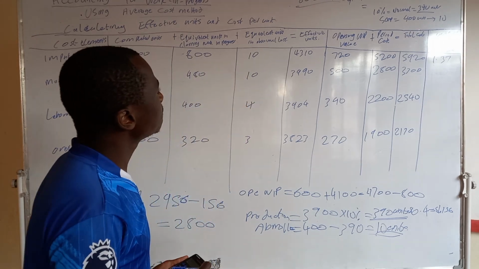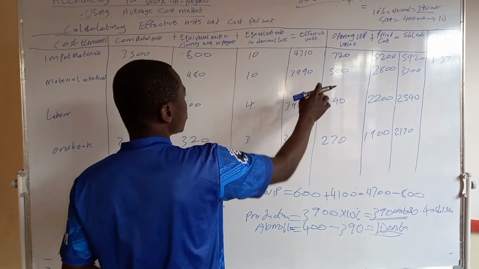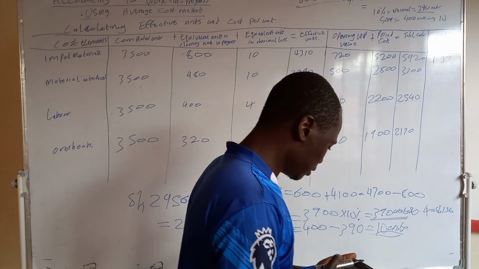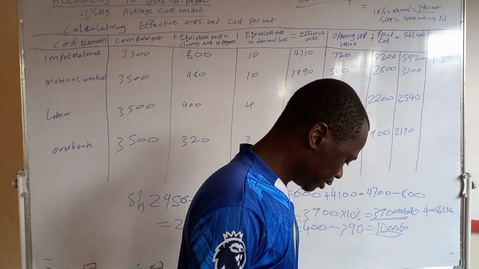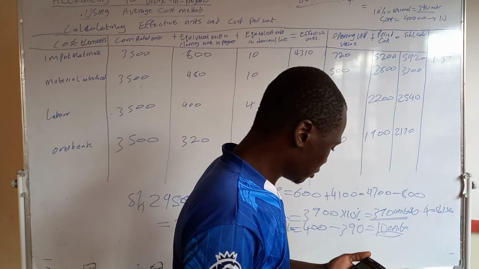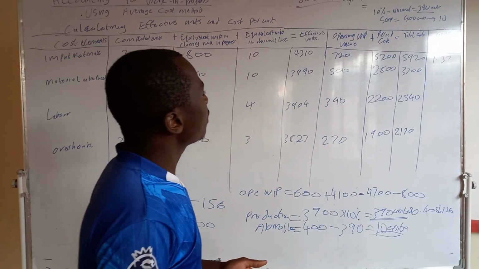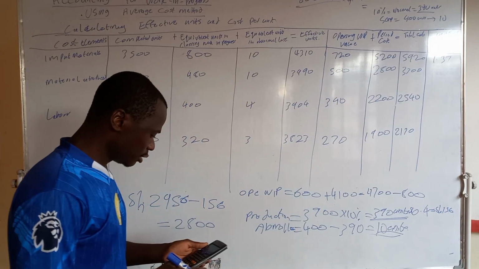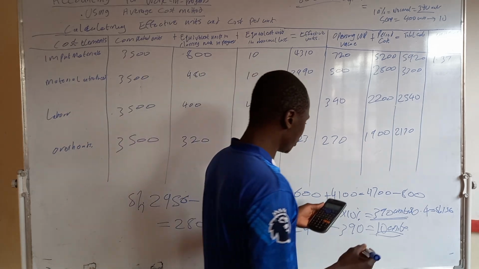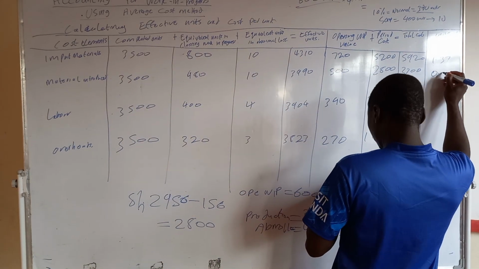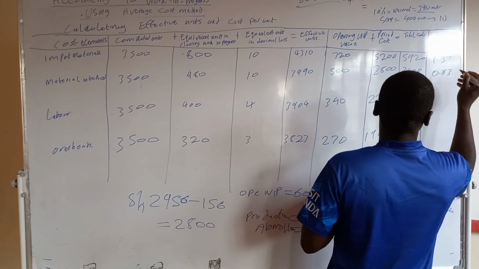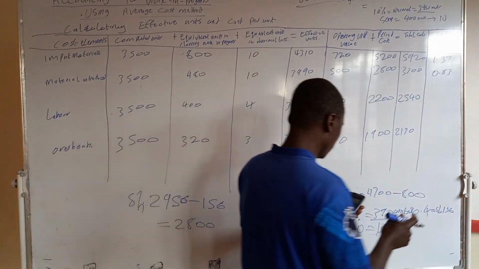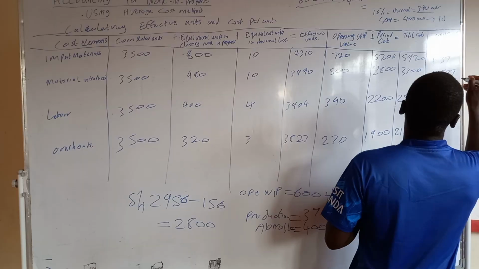Then we have material introduced: 3,300 divided by 3,990, which gives 0.83.